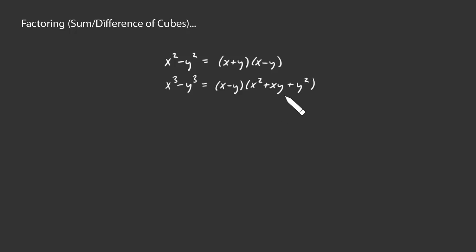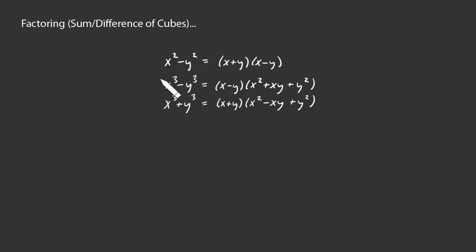Okay, and further, because we're talking cubes, you can use this same form here almost to find the sum of cubes as a product. The only thing really that changes is this sign here, x plus y, and this sign here. So we have x plus y times x squared minus xy, and again, plus y squared.